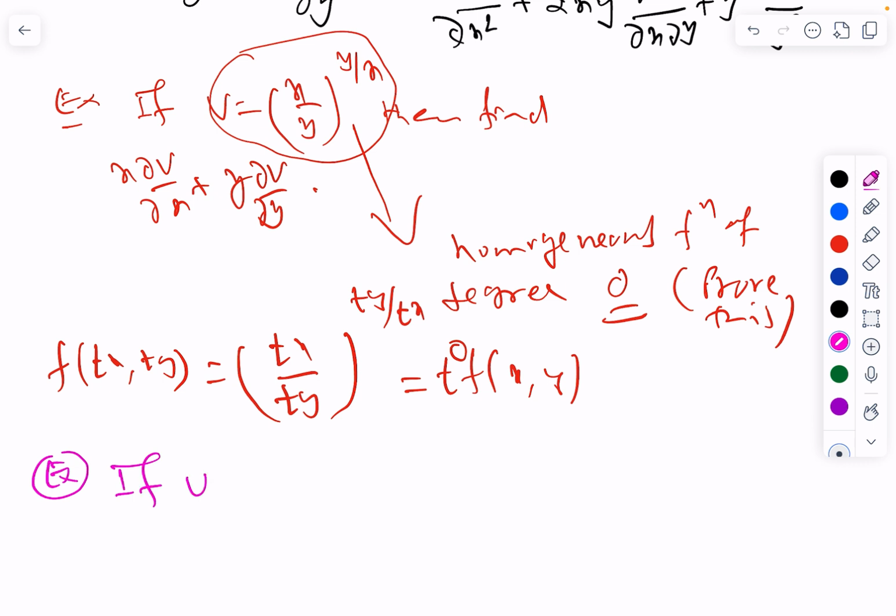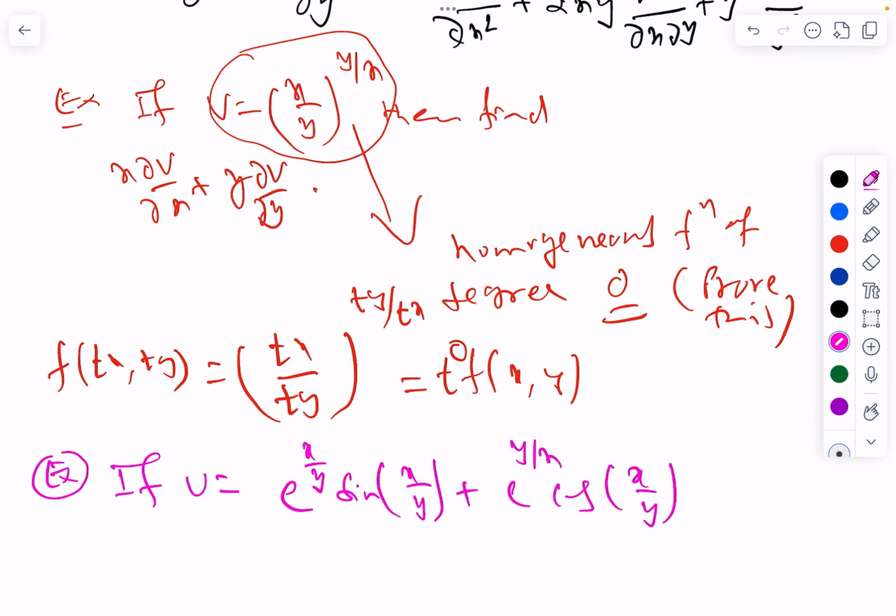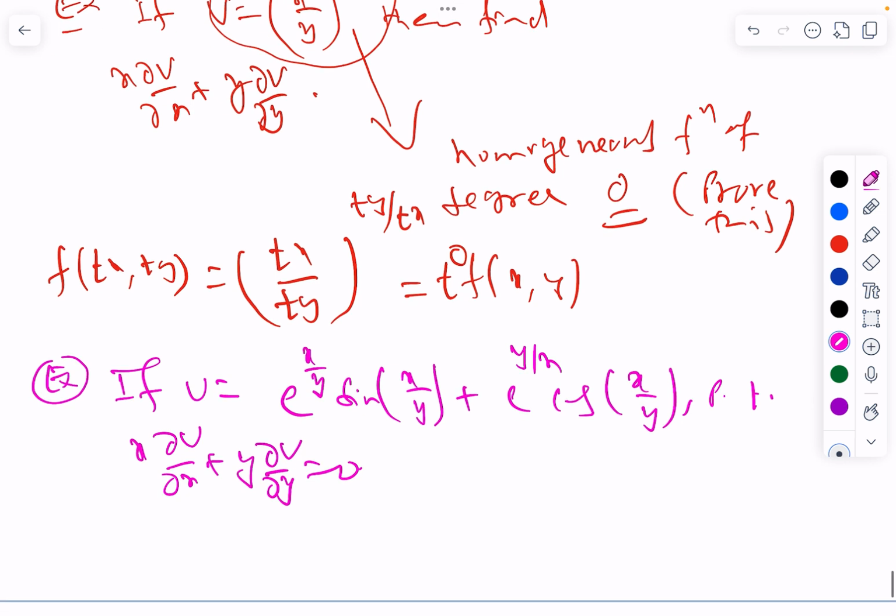If u equal to, similar to this, e power x by y sine of x by y plus e power y by x cosine of x by y, prove that x del u by del x plus y del u by del y equal to 0.